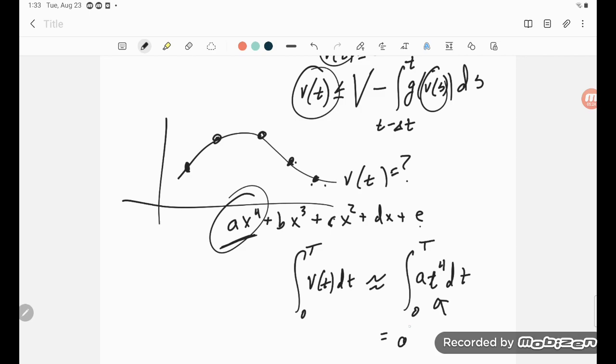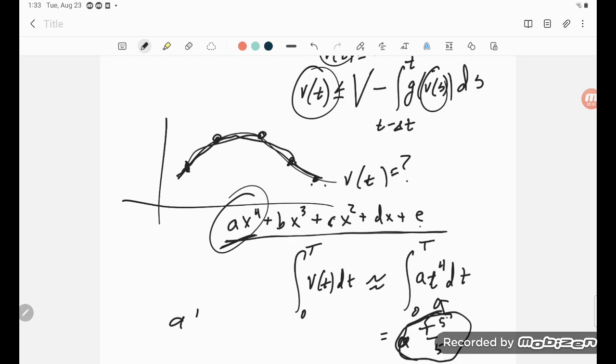That's just a times big T to the fifth over 5. Well, see, what I gained by thinking of an interpolant here instead of the actual function is now I have an algebraic equation because I've just got a T to the fifth over 5 equals d. That's an algebraic equation instead of an integral equation. Ooh, easier.